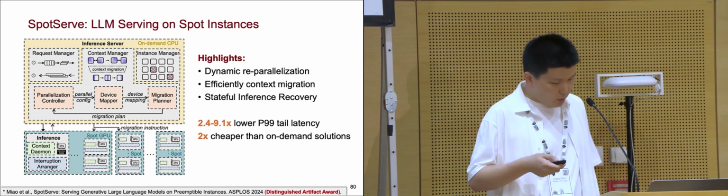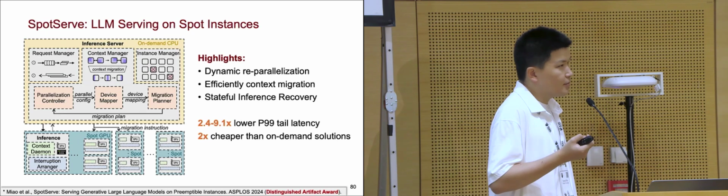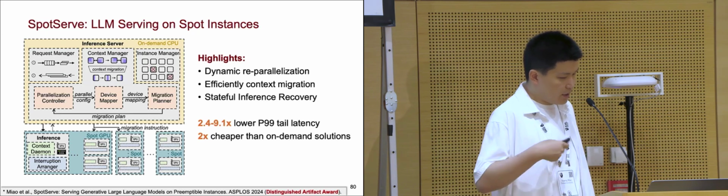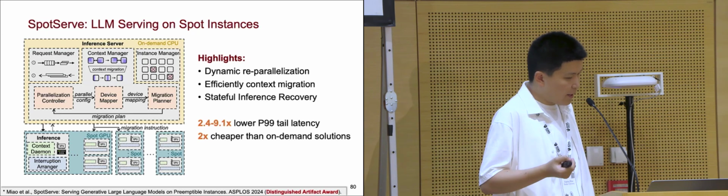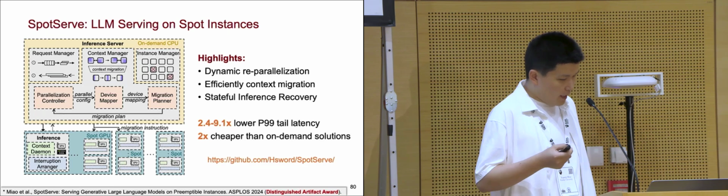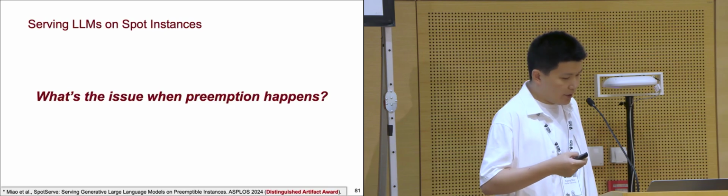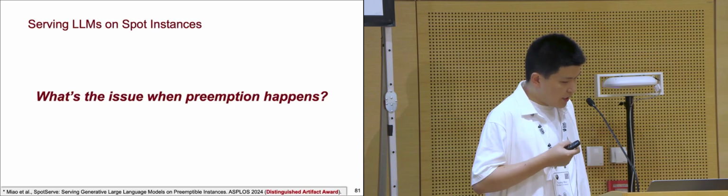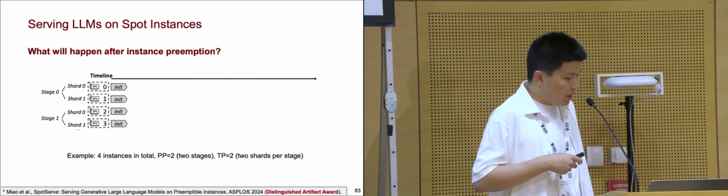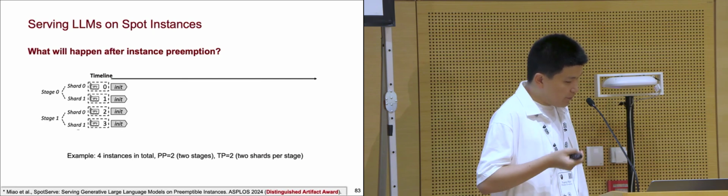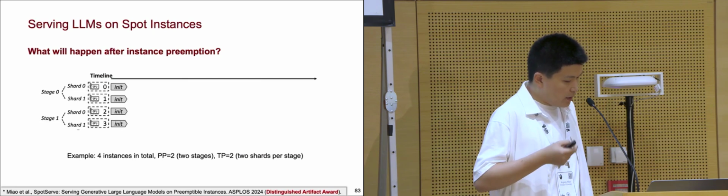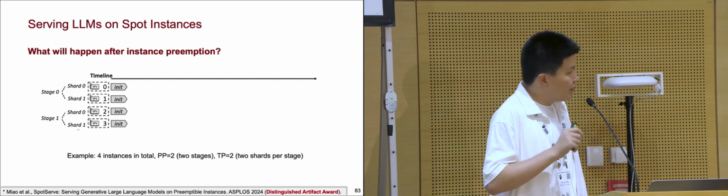But it's more affordable, but it also has some problems. It's because of the preemption. For example, here we show a real 24-hour trace from running spot instances on AWS. On average, preemption will happen once every 5 minutes. So in the worst case, it will even happen every minute.